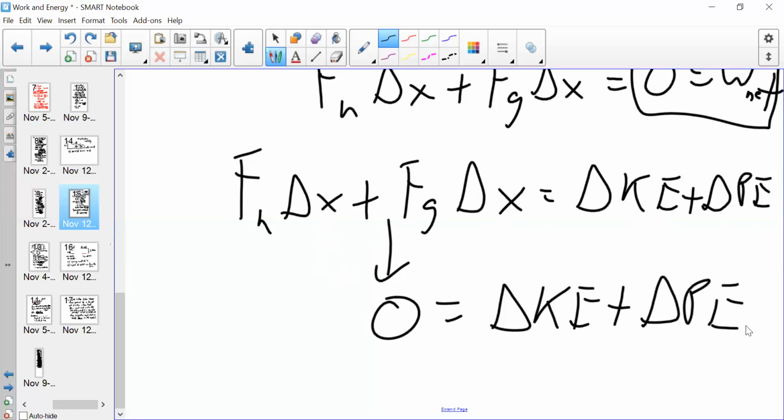You close everything off, no change. You leave everything open, we got friction. This is why we stipulate. You see problems that say ignore air resistance, negligible friction, closed path, because this is the ideal situation which approximates to this value.